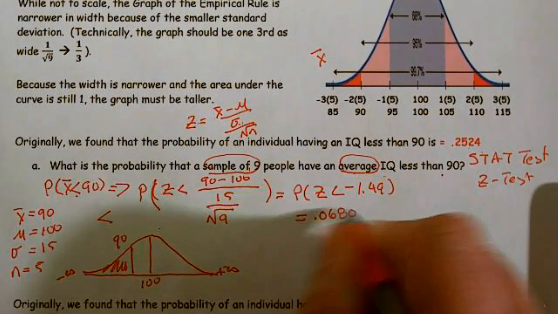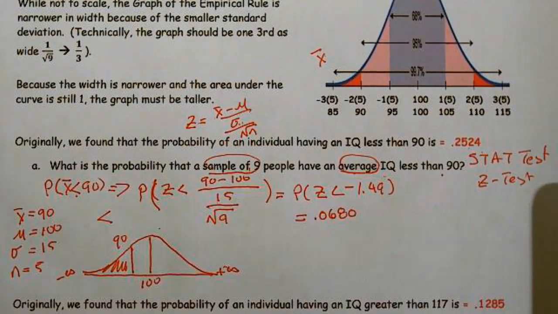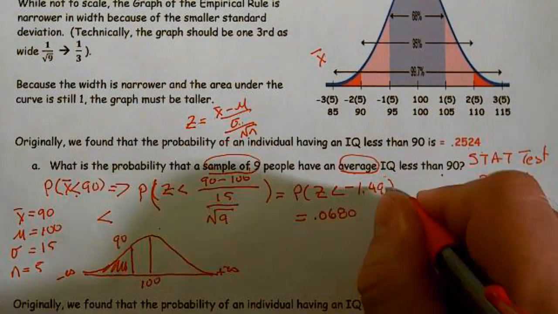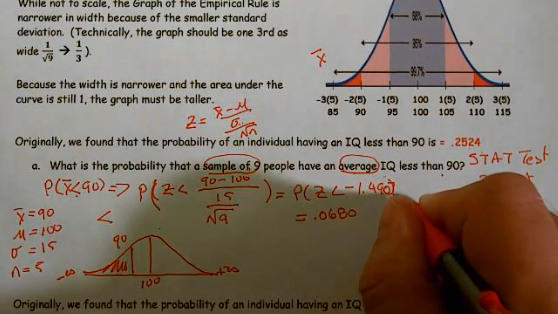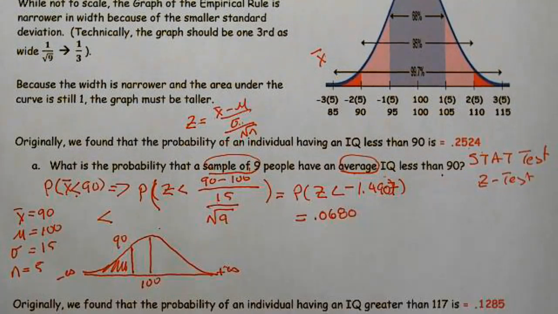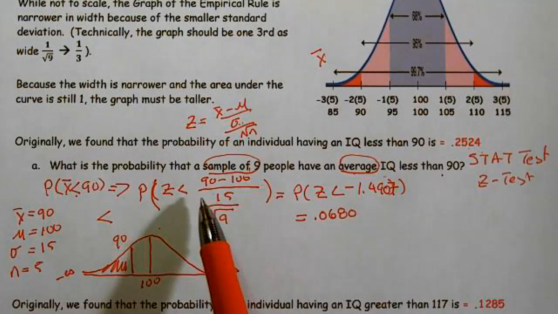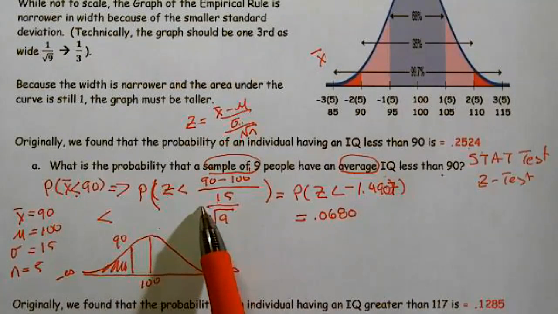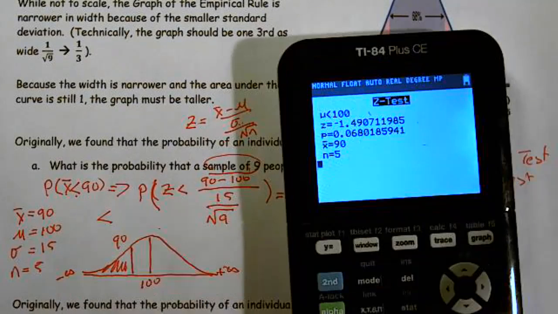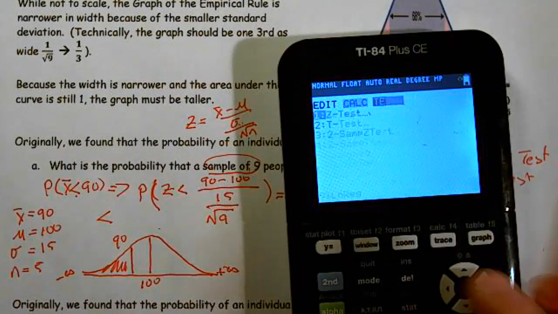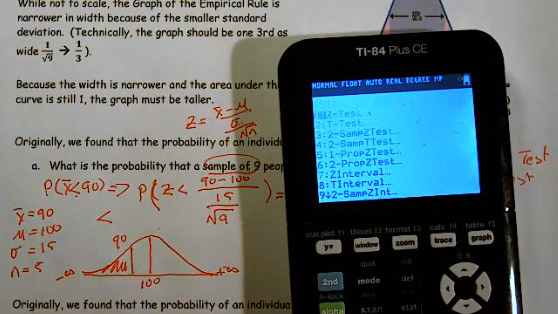And that would be my work shown. Now, I probably should have taken this out to 4 decimal places. So essentially it runs almost exactly the same way as what we have to write. But when you go to the calculator, we're going to go stat, test, and then z-test, press enter.